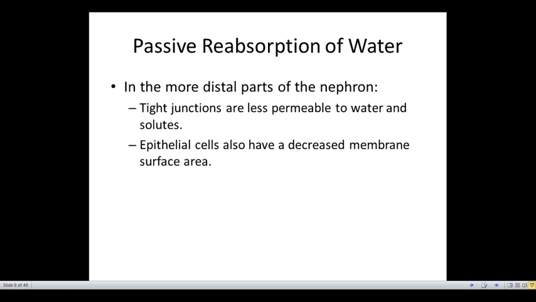In the more distal parts of the nephron, tight junctions are much less permeable to water and solutes, and epithelial cells also have a decreased membrane surface area. Therefore, water cannot move easily across the tight junctions of the tubular membrane by osmosis.